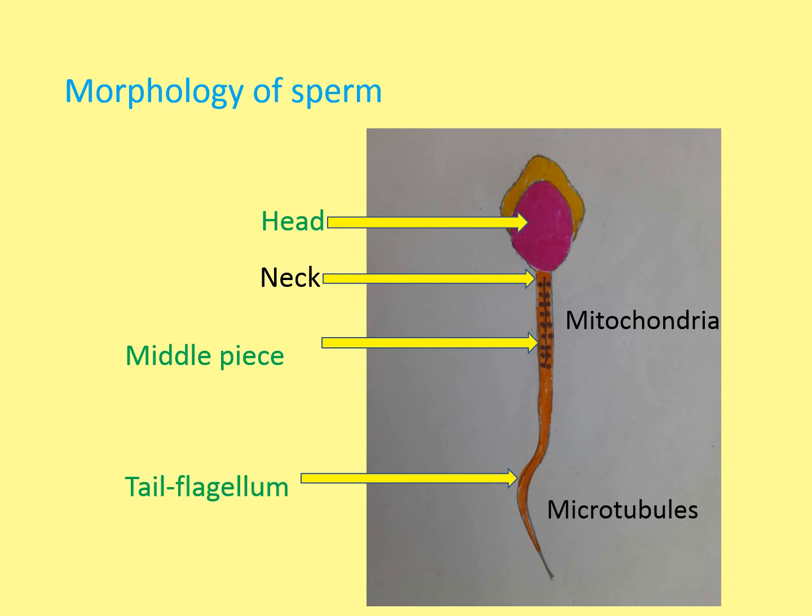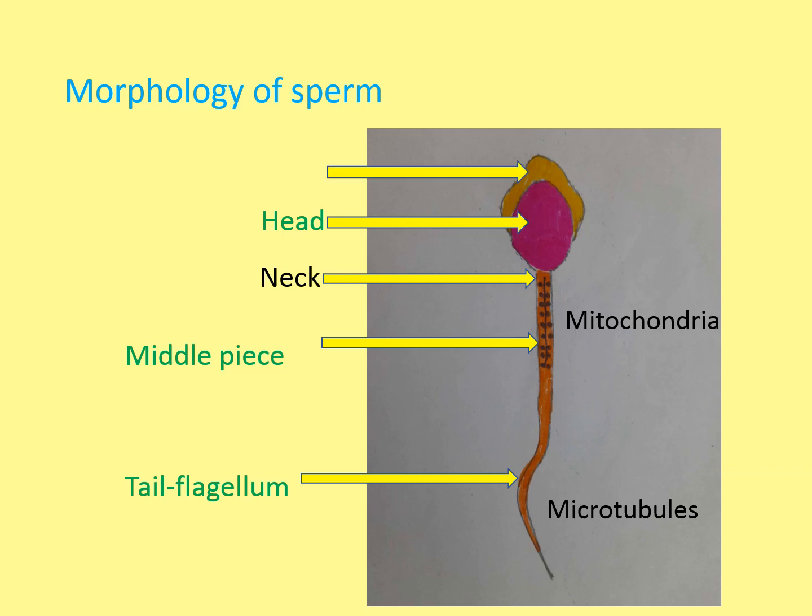It has mainly three components. First is the central skeleton having 11 microtubules, which are collectively known as the axoneme. Second, mitochondria surrounding this axoneme. And third, a thin cell membrane covering the microtubules.